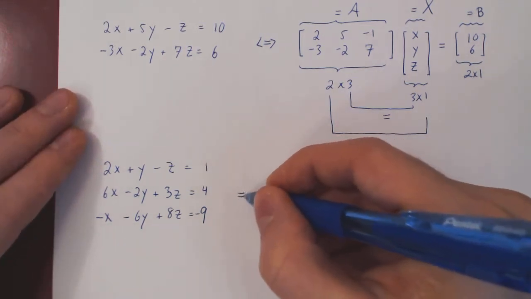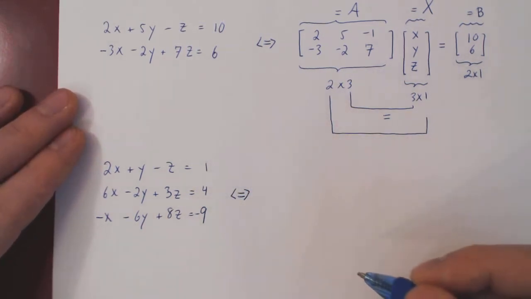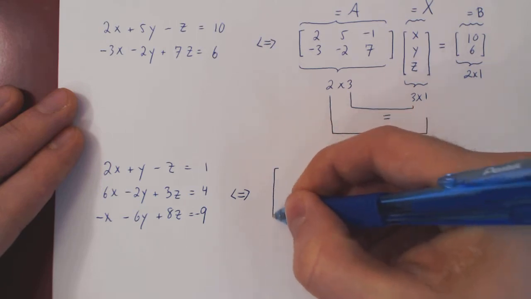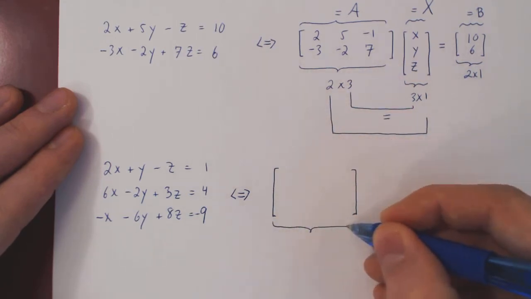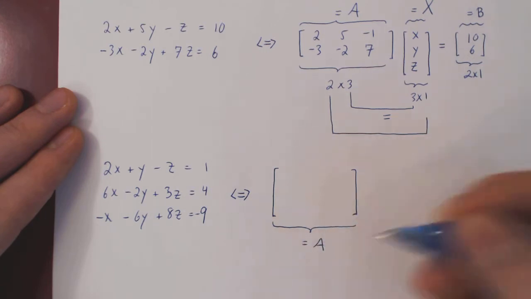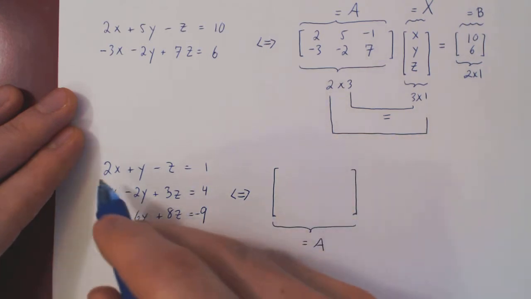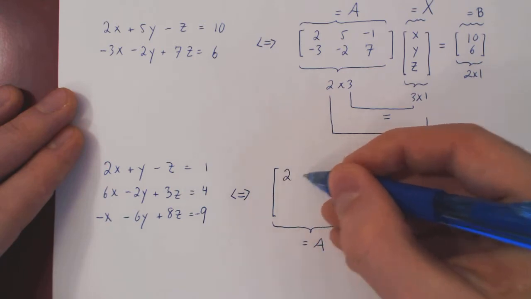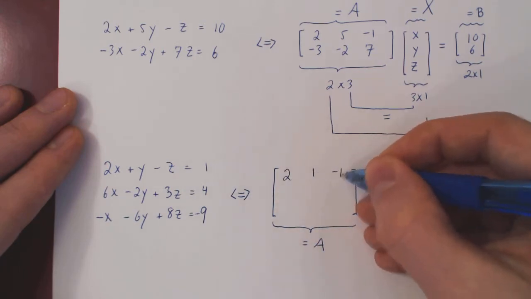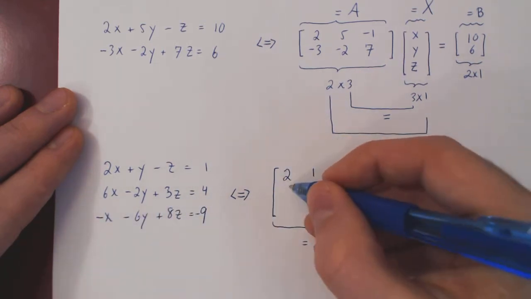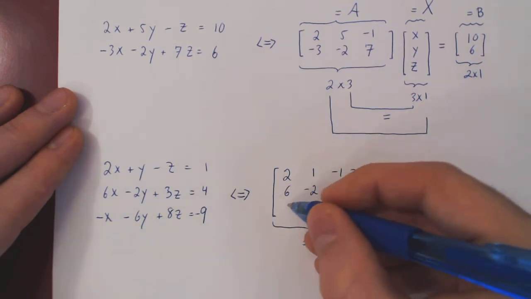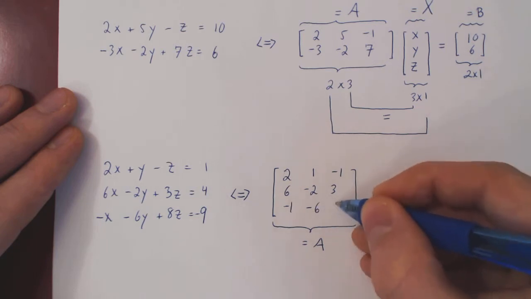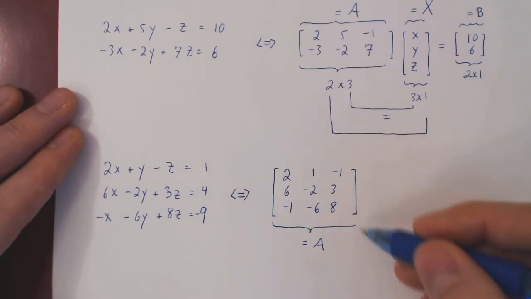Let us rewrite this in the form of a matrix equation. So A is the matrix of coefficients, therefore 2, 1, negative 1, the first row. Second row, 6, negative 2, 3. And the third row, negative 1, negative 6, positive 8. Times the column of variables.